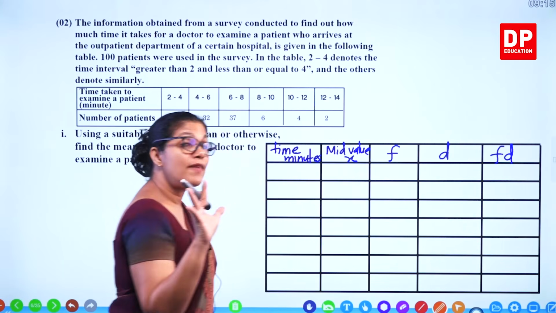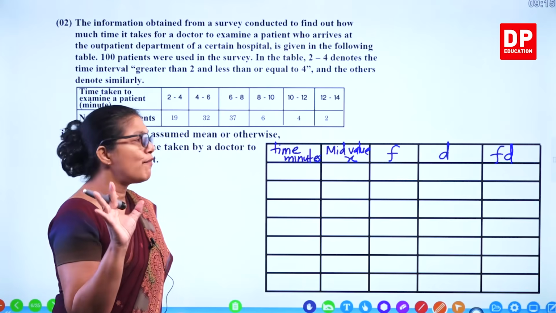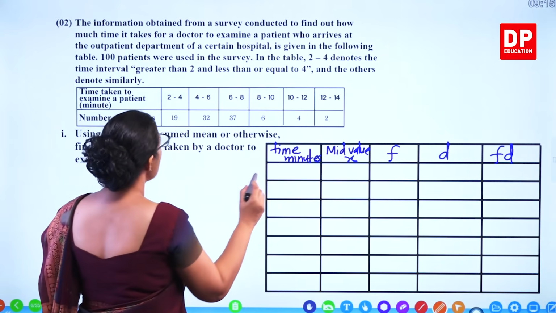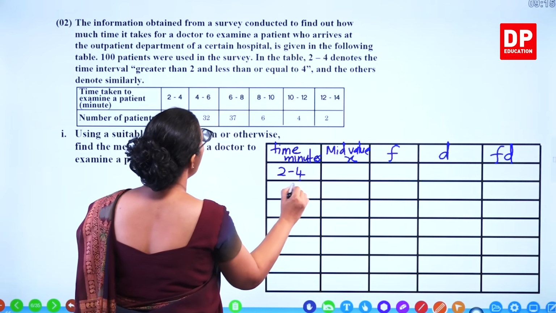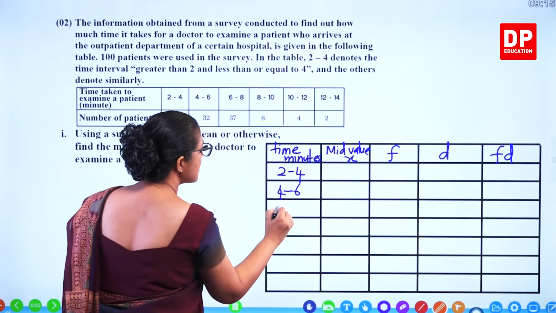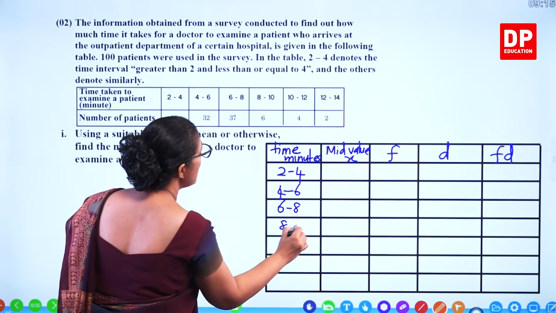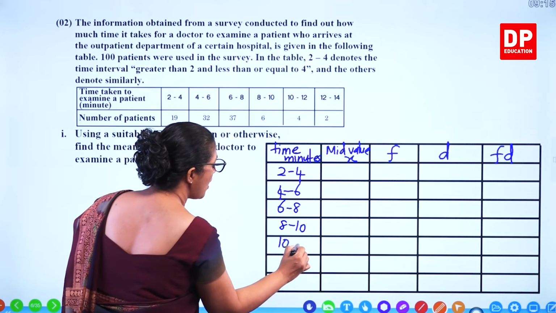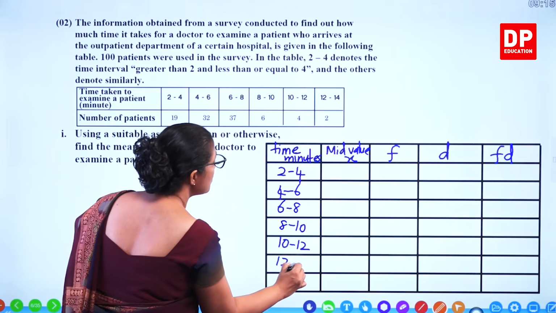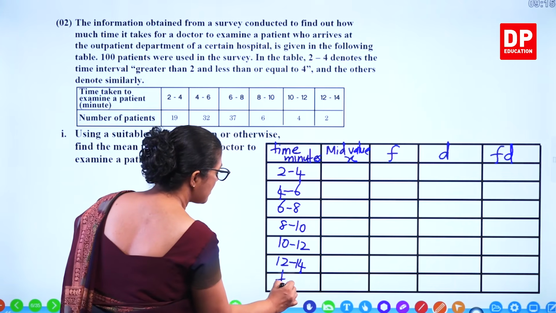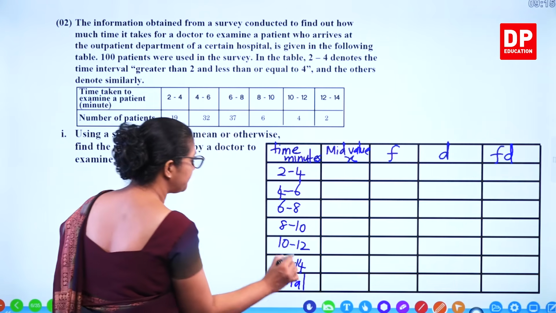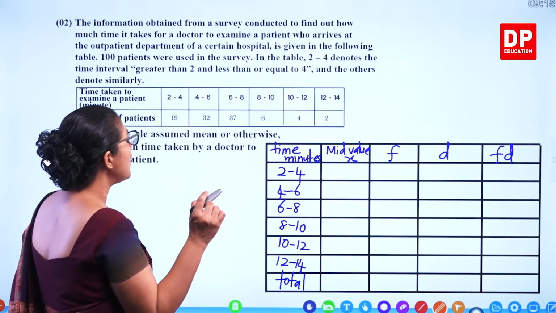So you always need 5 columns if you are using an assumed mean. So time is given: 2 to 4, 4 to 6, 6 to 8, 8 to 10, 10 to 12, 12 to 14. And then this is the total. So mid value, how do you do it?